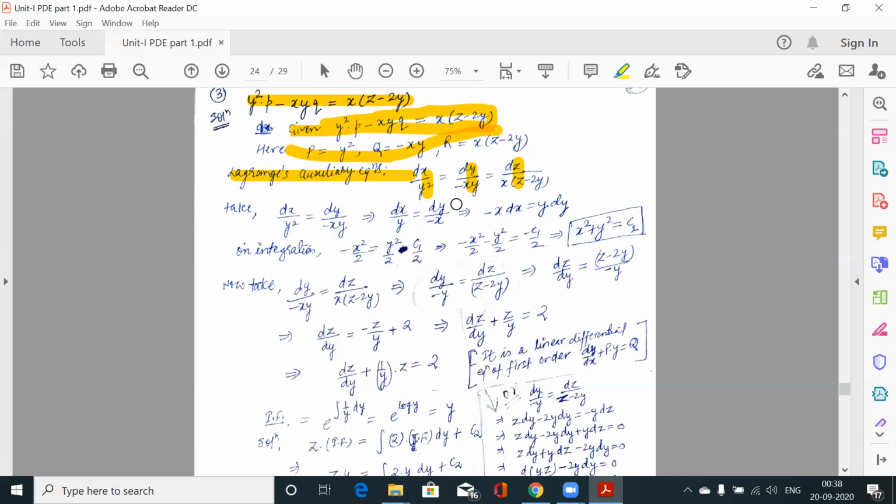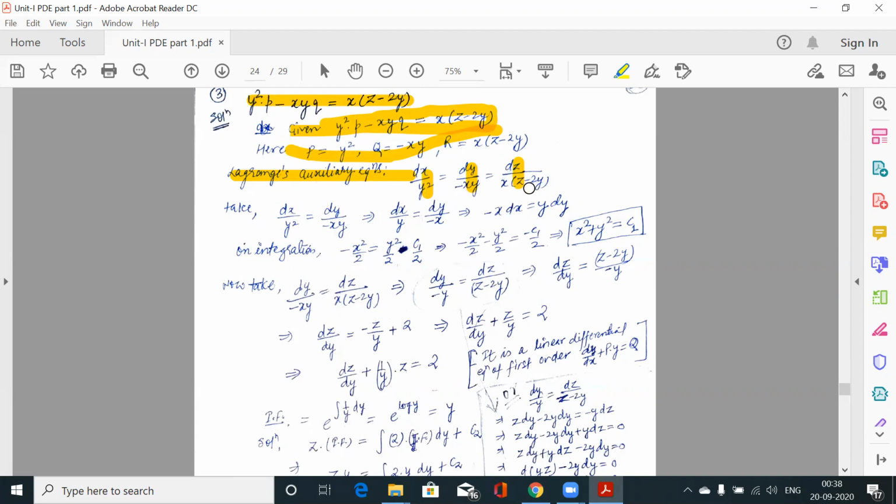One thing we can do is that this y square can be replaced by c1 minus x square, but again, what would be the problem? That y square can be replaced by c1 minus x square and this x can go on this side, but what about this y?